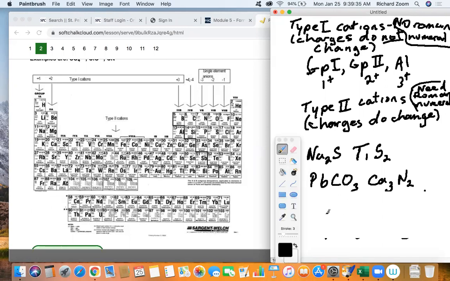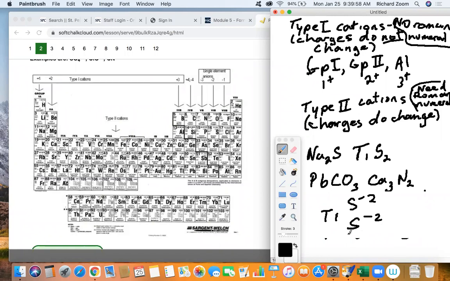So you've got TiS2. Now the thing is that Ti is not in group 1, group 2, or aluminum. It's over here, so it's one of the transition metals. So I draw a picture of it where I have 1 Ti and 2 S's. The S's are in group 6, which is -2.